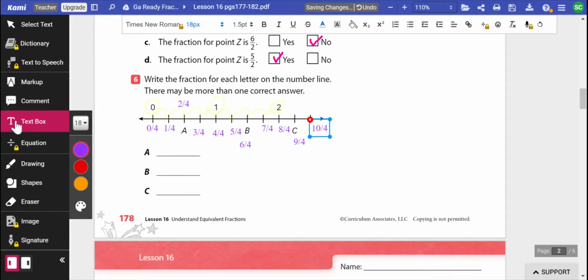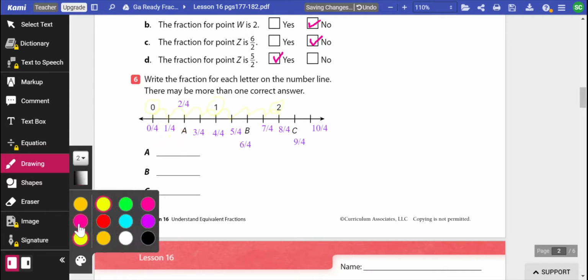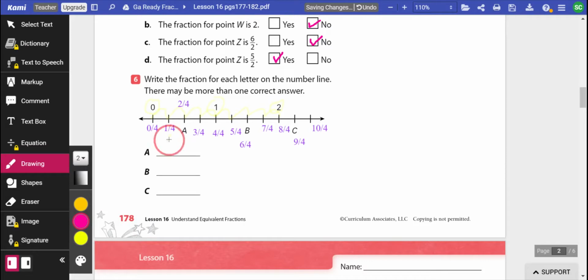Now that we've labeled our number line, our questions are probably going to be super simple to answer. So it says A, write the fraction for each letter on the number line. There may be more than one correct answer. So A is at 2/4. Let's use a darker color. 2/4.